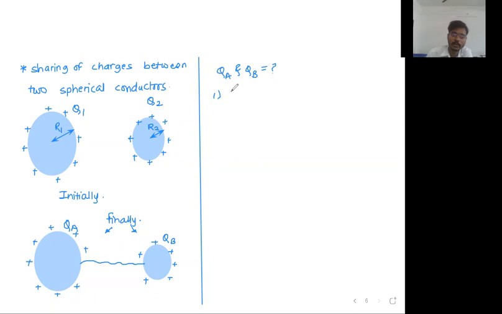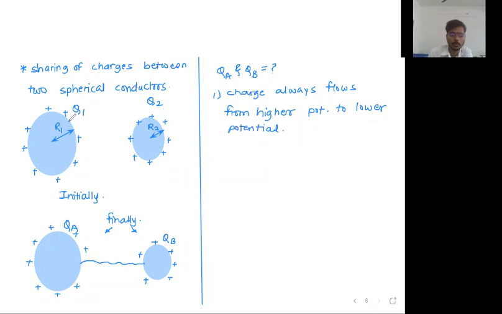The first is charge always flows from higher potential to lower potential.